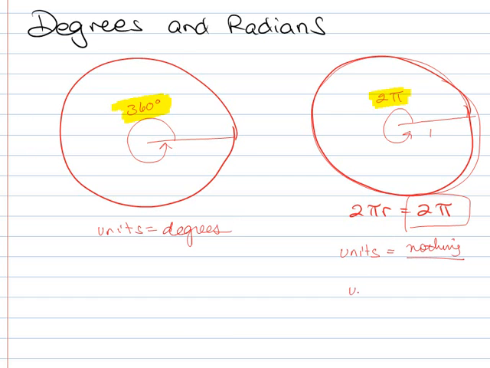These are actually called a unitless measure. So if I have 3 feet times 5, that gives me 15 feet. If I have 2 pi radians, that doesn't really count as a unit. So 2 pi times 5 is just 10 pi. There's no feet, there's no units on a radian measurement.